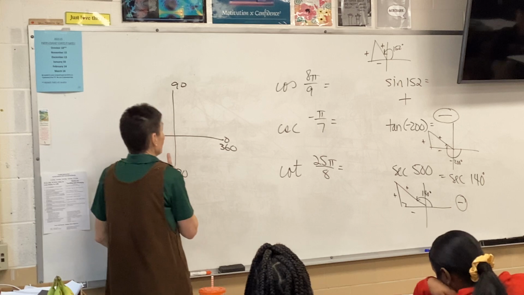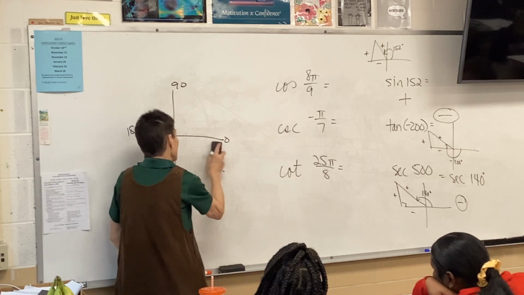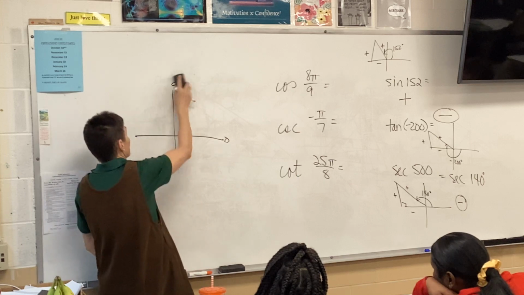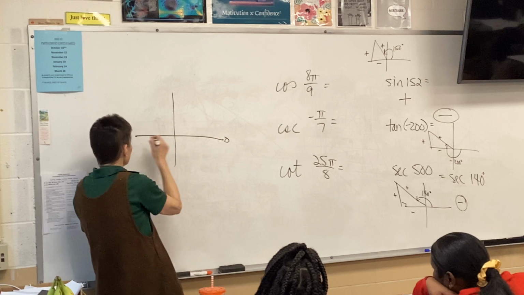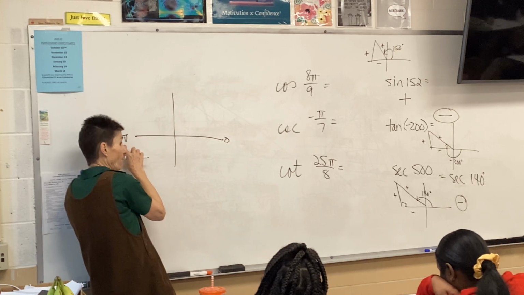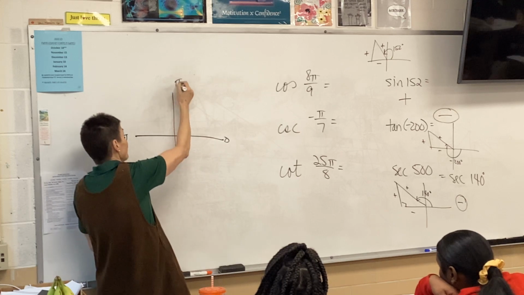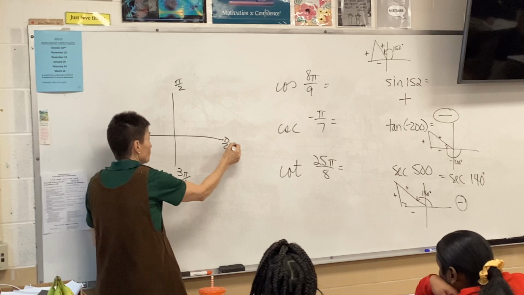How about though, if we just kind of use our common sense? If we go back and relabel these with the radian measures, remember 0, 0. This is pi, because it's 180. 180 is pi. This is half a pi, and this is 1.5 pies, and then this is 2 pi all the way around.